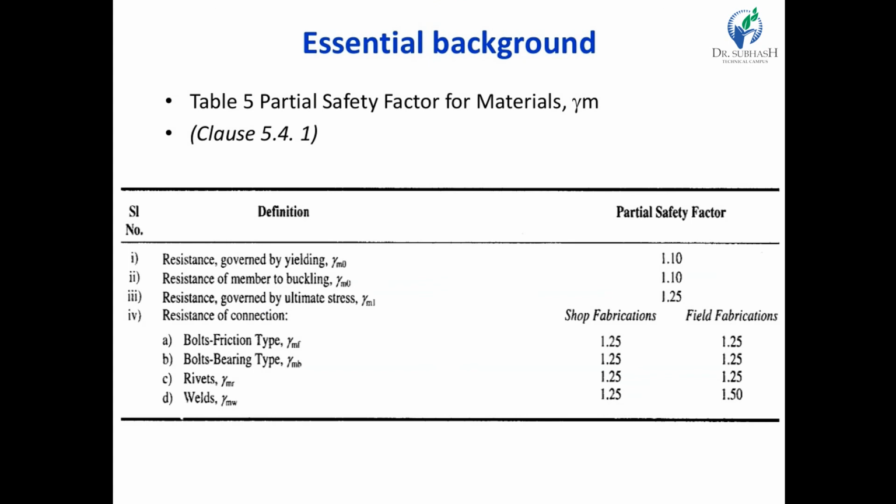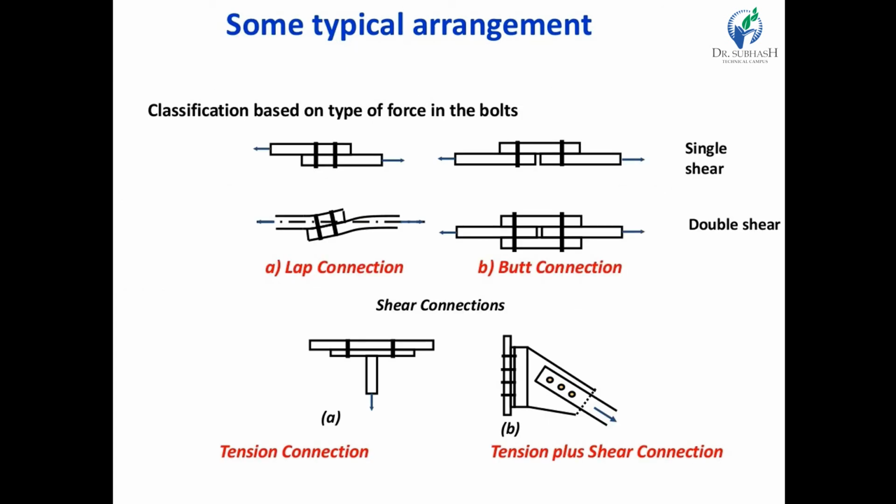Next, Table 5 describes the partial safety factors for material. Clause 5.4.1 in IS 800 gives the different partial safety factors for materials, whether riveted, bolted or welded.